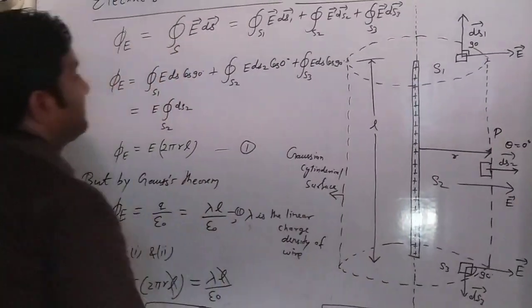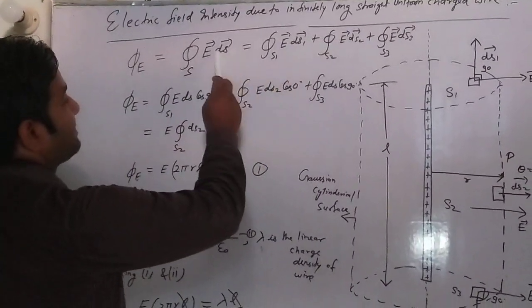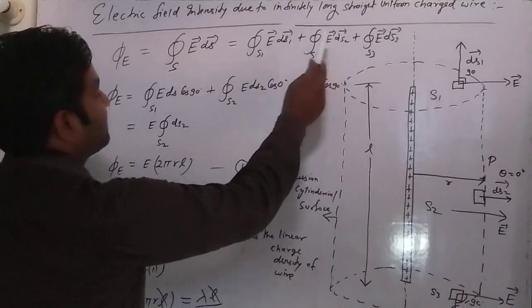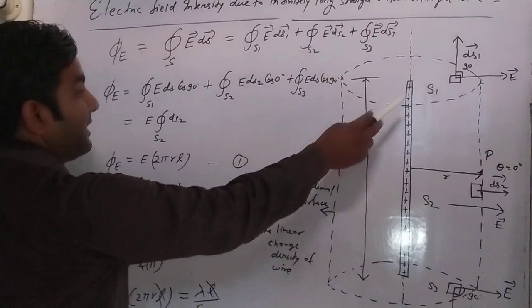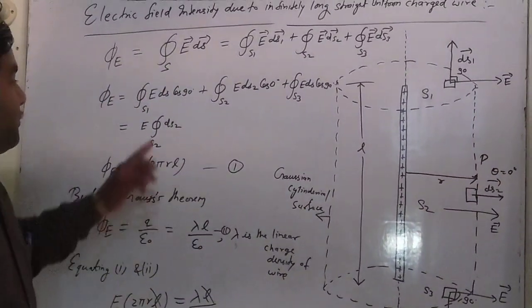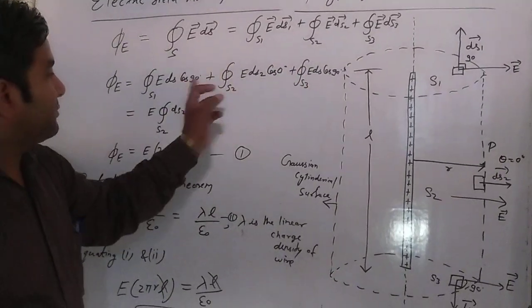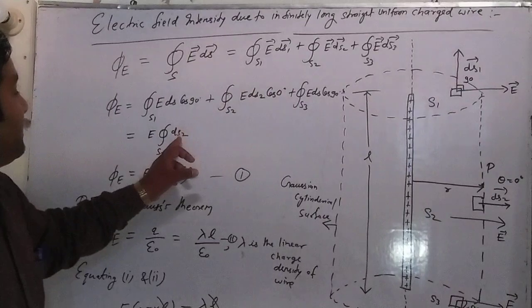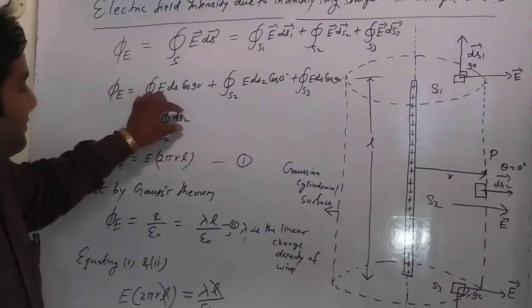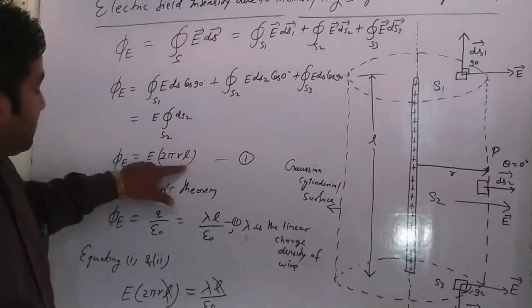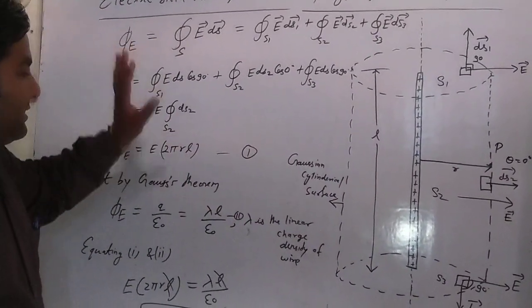Along these three surfaces, the flux by definition is the integral of E dS over S1, S2 and S3, but S1 and S3 form a 90 degree angle with the direction of the electric field. So cos 90 in both cases becomes 0. So only E dS2 cos 0 remains, and dS2 over the curved surface gives the curved surface area of the cylinder, 2 pi r L.